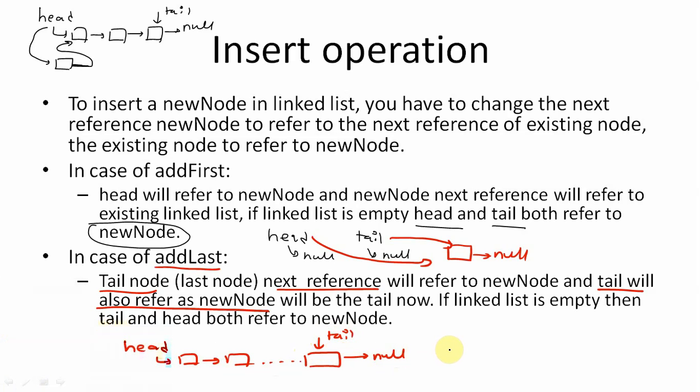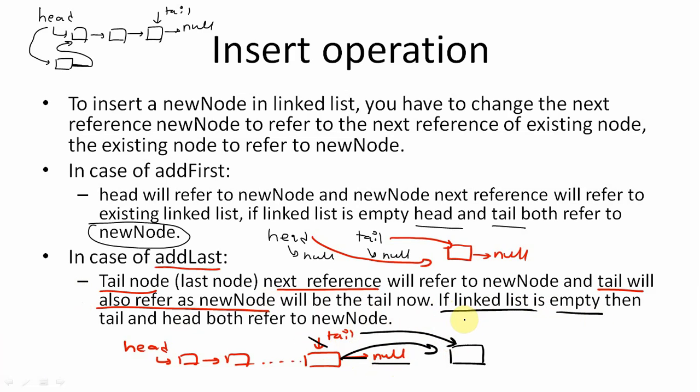If you want to insert this particular node in this linked list at the last position, this tail's next reference has to refer to this node, and you have to update the tail by removing this reference and adding this reference. Means tail will refer to the newly inserted node. But what happens if the linked list is empty?